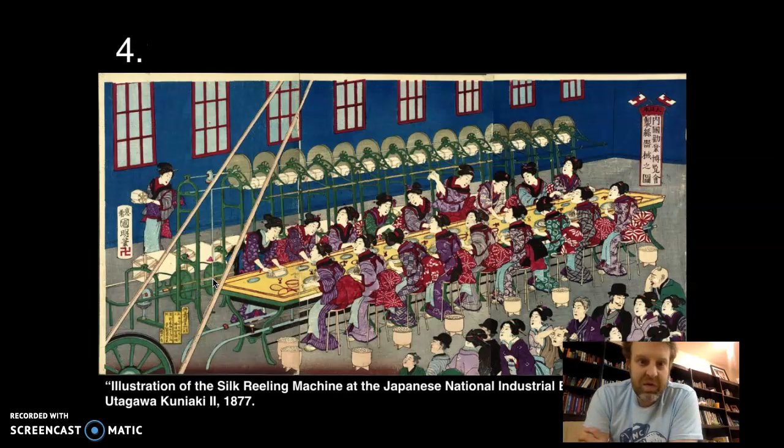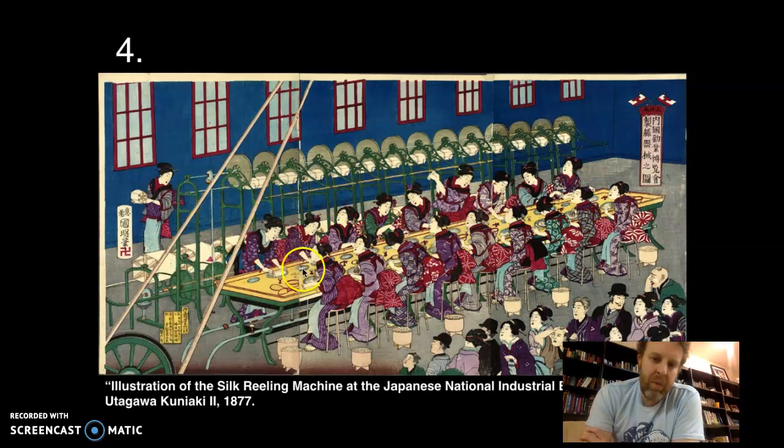This one, hopefully you recognize the industrialization that's taking place. We see a Japanese silk manufacturing factory. In this image, one of the things I hope you recognized is that this is a pretty idealized factory, right? You've got these windows, so it's well lit.